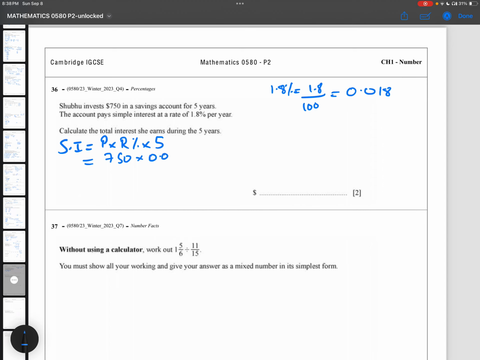So let's multiply these three quantities: 750 multiplied by 0.018 multiplied by 5. This is equal to 67.5. This is the total interest he earns during the 5 years. $67.5.